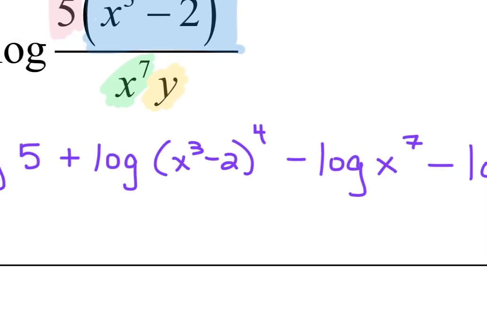But this logarithm of parentheses to the 4th power, and the next one, log of x to the 7th power, the 4 and the 7 can be written as coefficients.